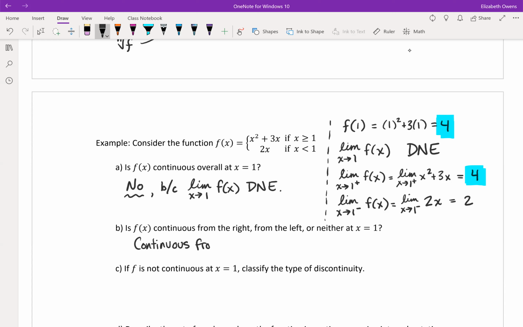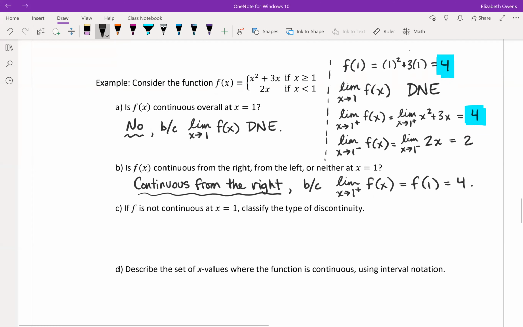Continuous from the right and not from the left, because the function value only equals that right-hand limit value. So we can say because the limit as x approaches 1 from the right of f of x equals f of 1. Both of those equal 4, so that's good.